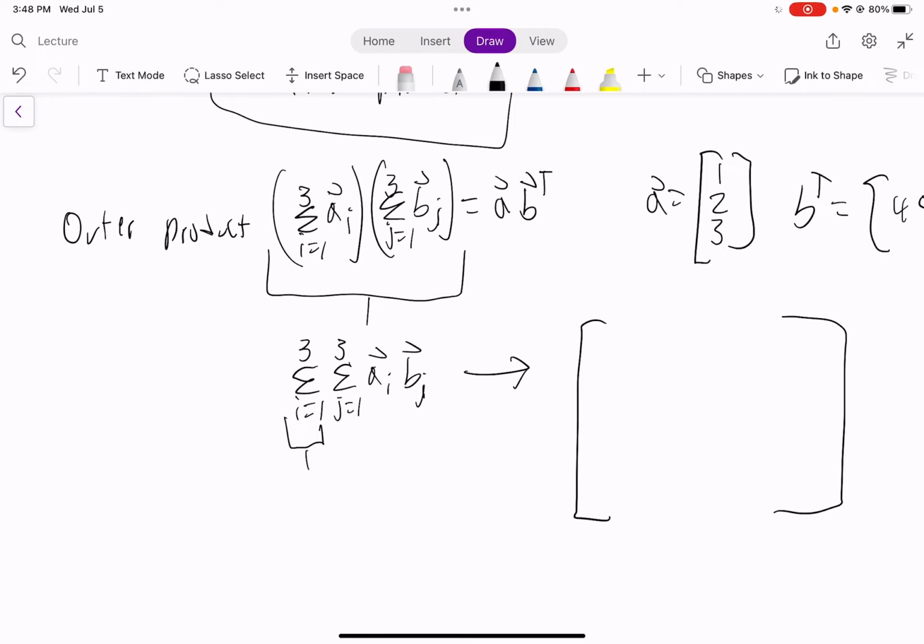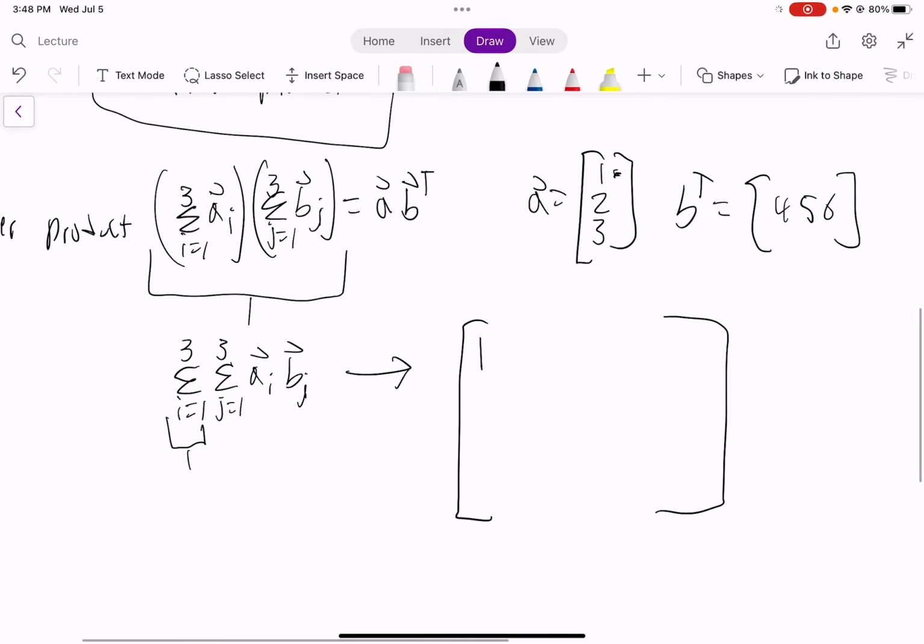Plug in A1. So A1 is 1, as we can see right here. So we got 1 times, plug in J. J1 is 4. 1 times 4. But we're keeping the I, and we're iterating the J. So then we go 1 times, what's the next? 5, 1 times 5, 1 times 6.